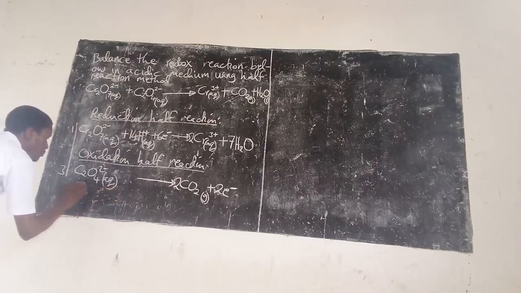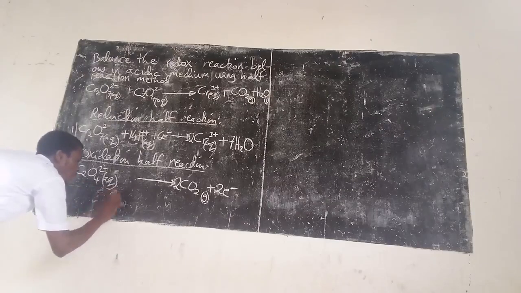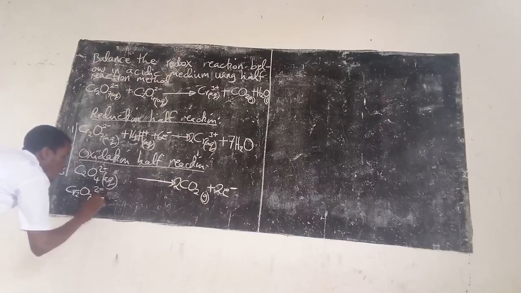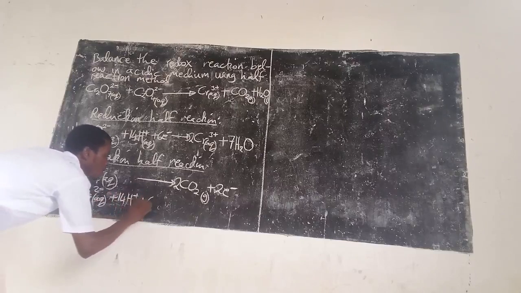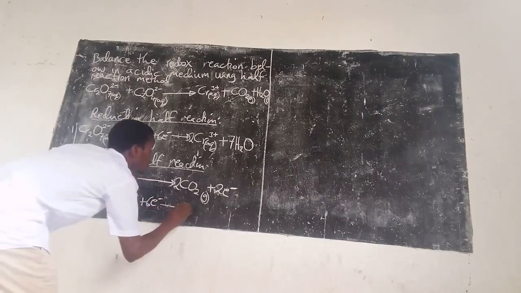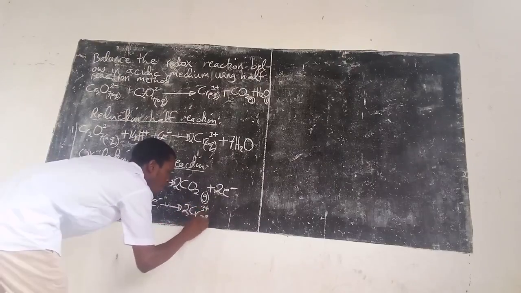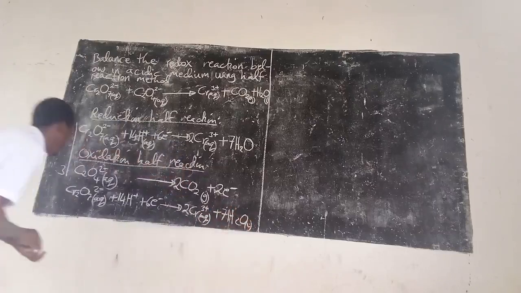This is the overall reaction. The reduction half reaction is dichromate ion aqueous plus 14 hydrogen protons plus 6 electrons, giving 2 chromium 3 ions plus 7 water molecules.